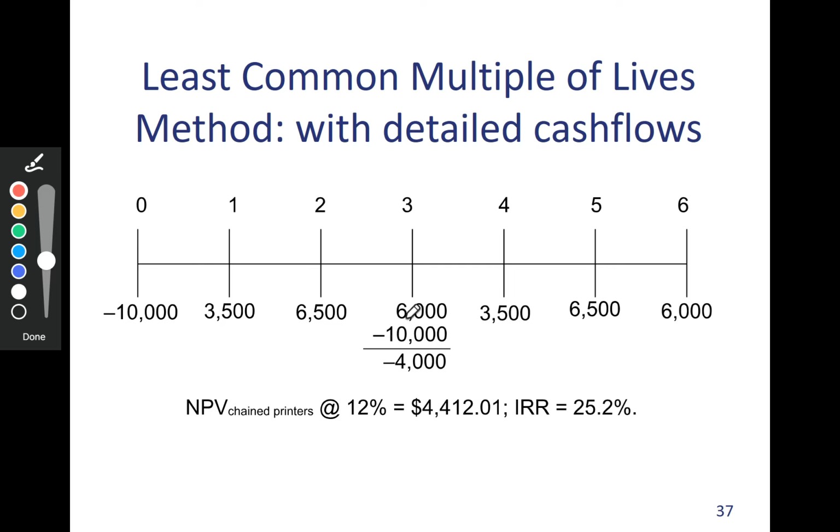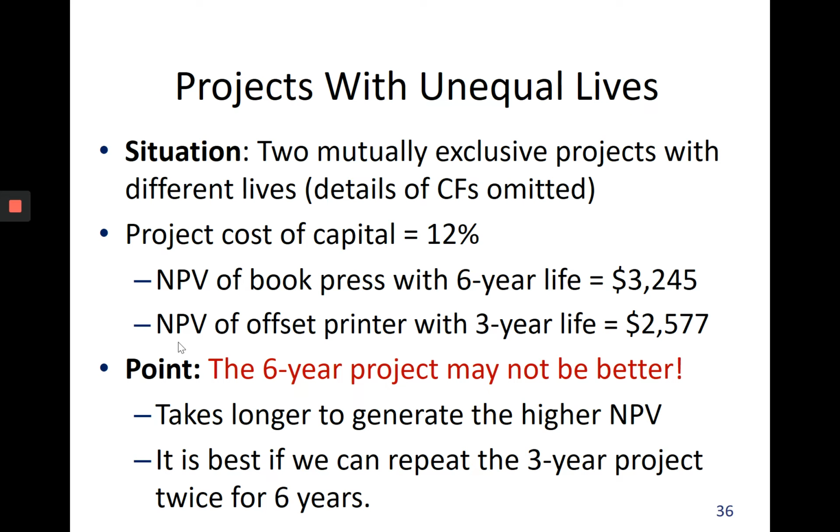Now that minus 10,000 plus 6,000 gives us a net cash flow of minus 4,000, and our calculation is for a project with these given cash flows, except in year 3 the cash flow is minus 4,000, and as I stated before, at 12%, net present value of this project is 4,412, and that is more than this 3,245 that the 6 year project generated.